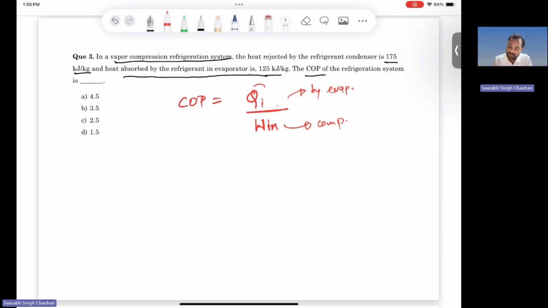Instead of Q out, better if you can write Q in. Okay, why am I saying this? Because let us say from here you are removing some heat, Q out. Okay, this is your cold environment and you are putting some work input.